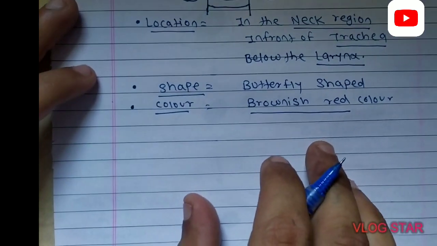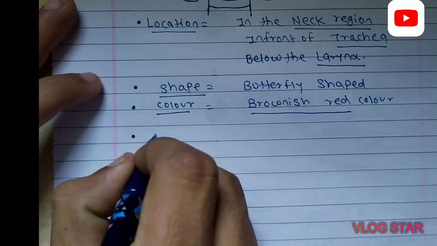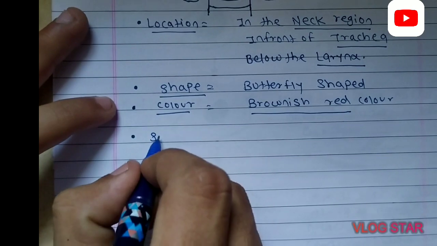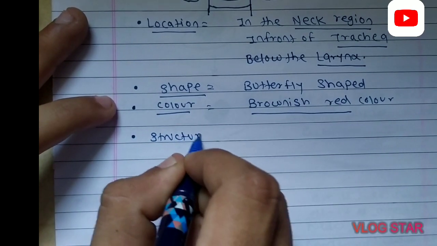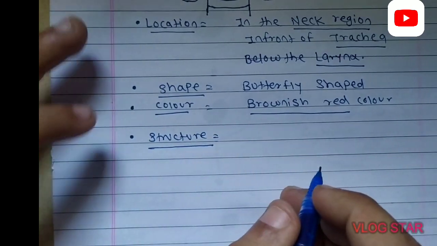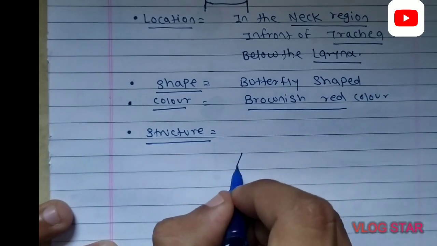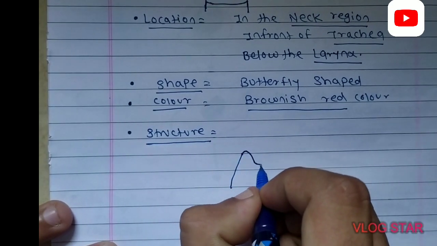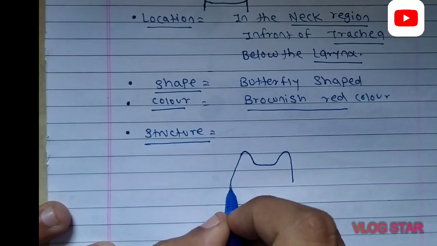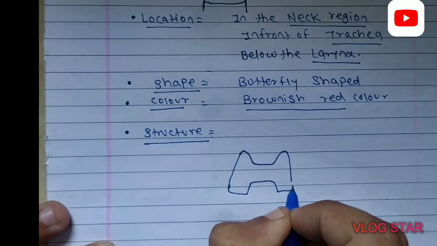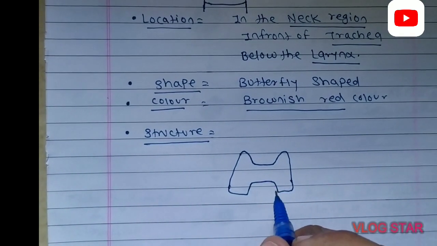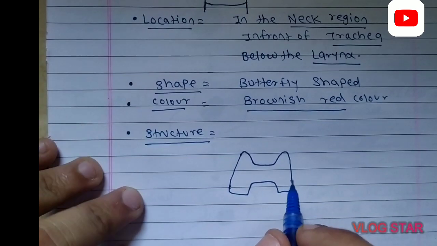Now let us talk about the structure, or the normal anatomy, of the thyroid gland. This is the structure of the thyroid gland. The thyroid gland consists of two lobes.